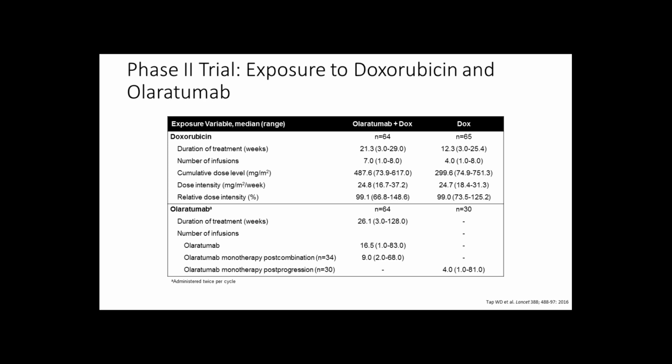But I think that the really important thing here is the relative dose intensity between the 2 arms, so essentially 99% in both arms. And then the bottom part of the slide just shows the duration of treatment with olaratumab and the number of infusions of olaratumab received in the combination arm.